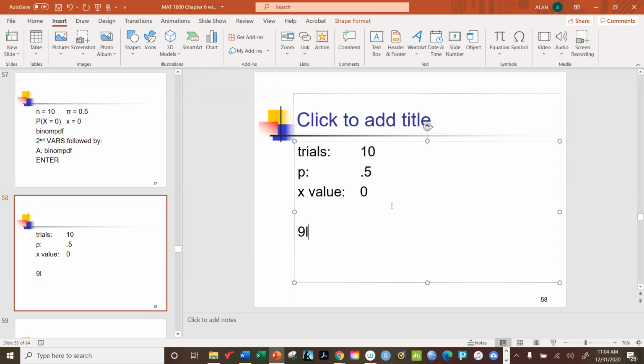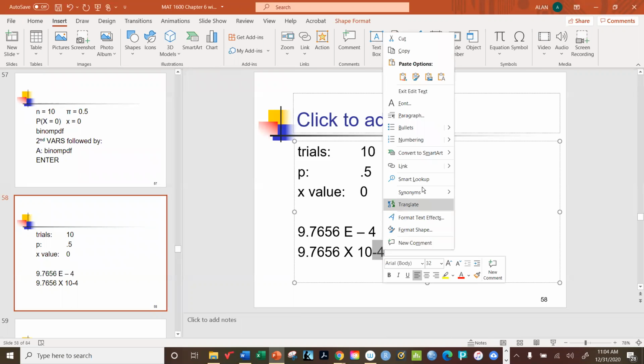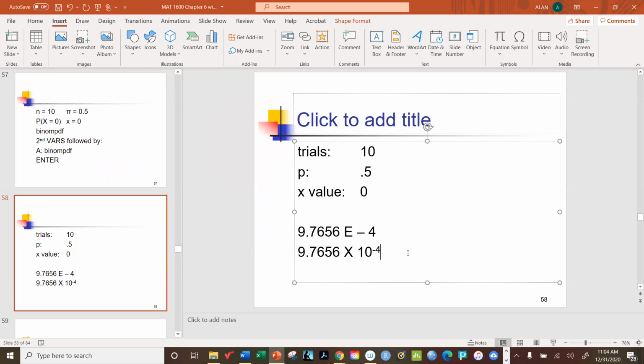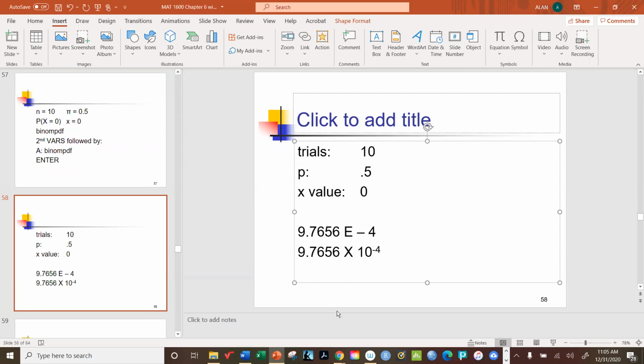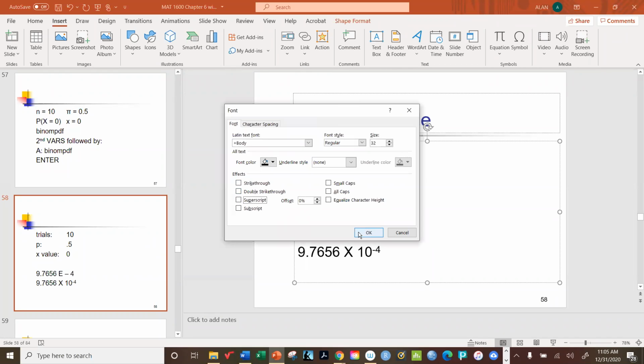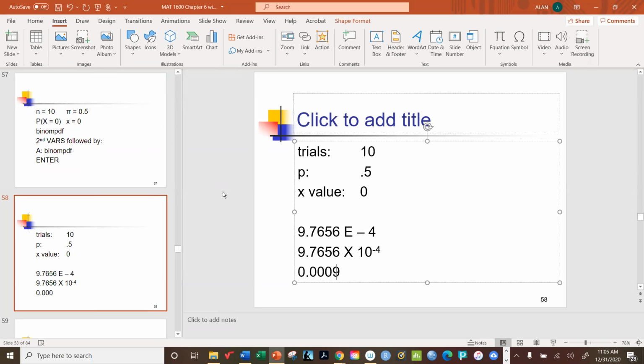That gives you a tiny probability. It's written here as 9.7656 e minus 4, which means 9.7656 times 10 to the minus 4 power. That means the same thing as 0.0009766.